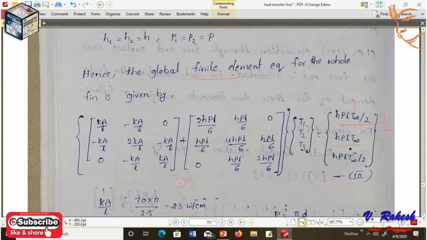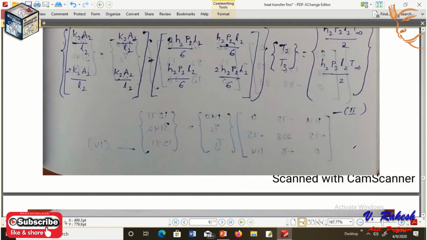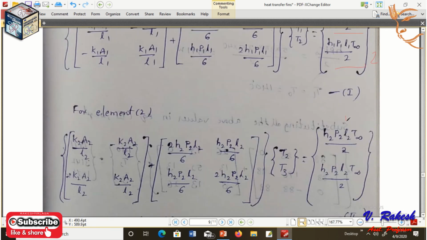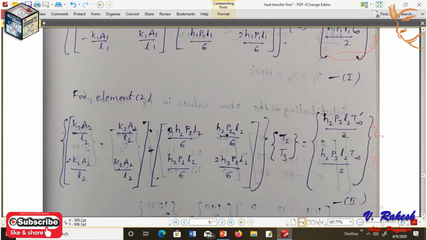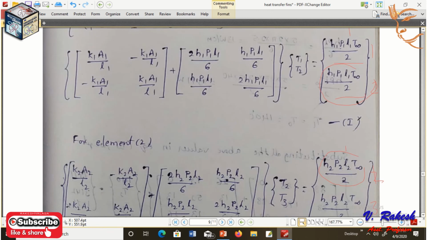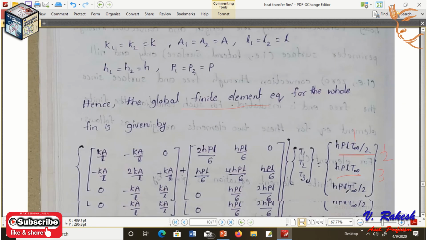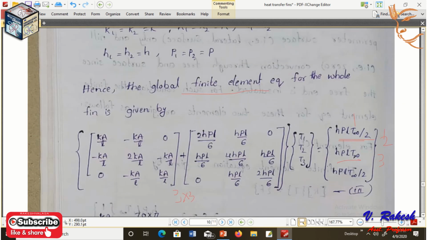The others are similar to the first one, HPL T infinity by 2.